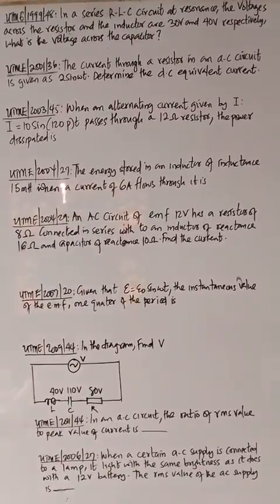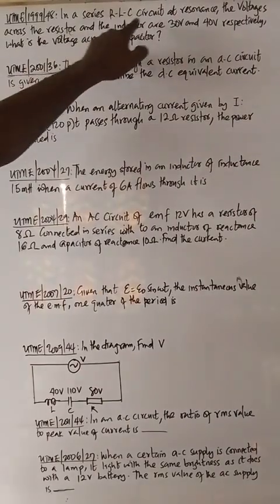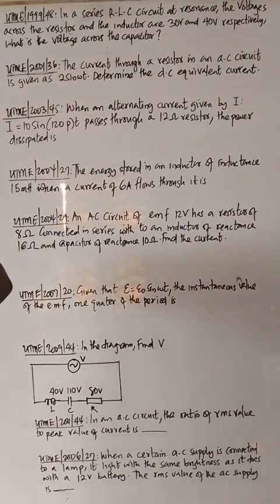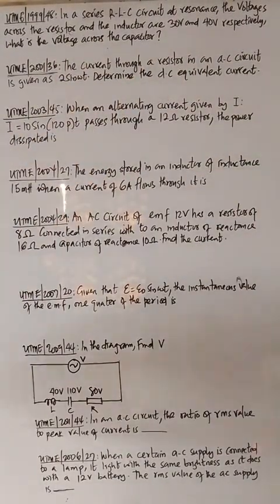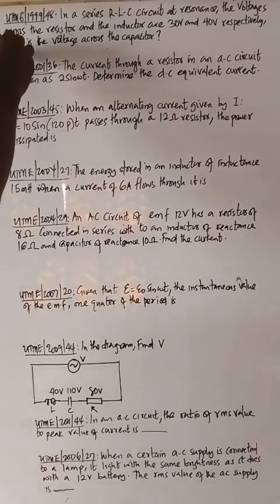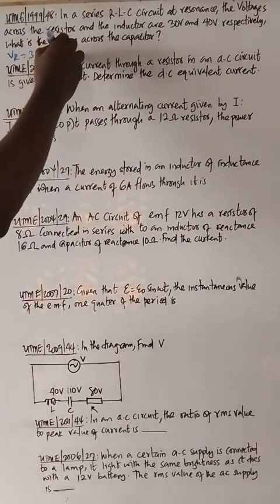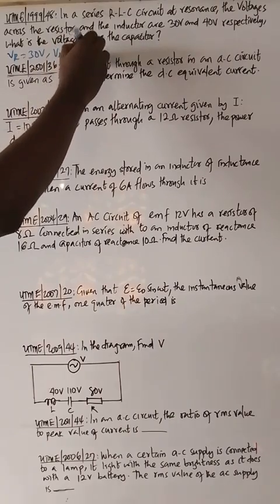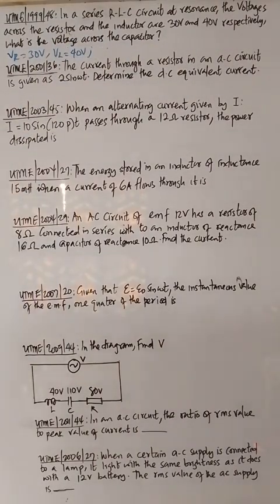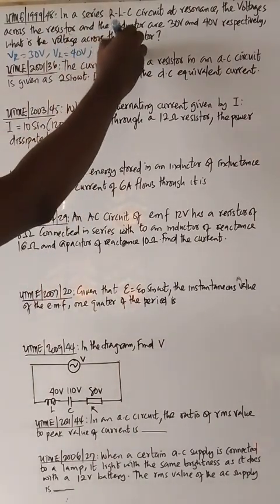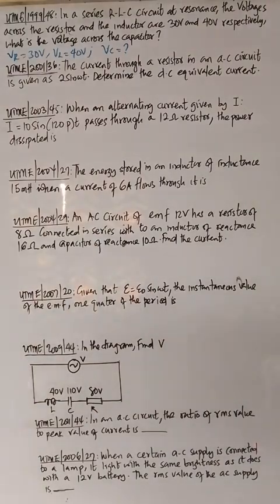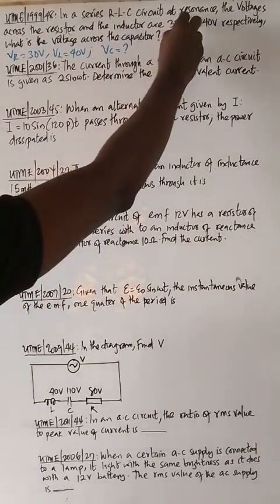Alright, for the next set of question. In a series RLC circuit at resonance, look at resonance. The voltages across the resistor and the inductor is 30 and 40. It means VR is 30 volts and VL is 40 volts. So what's the question? What is the voltage across the capacitor? We're looking for VC. This question is extremely simple, but if you don't note this, you might get it wrong.